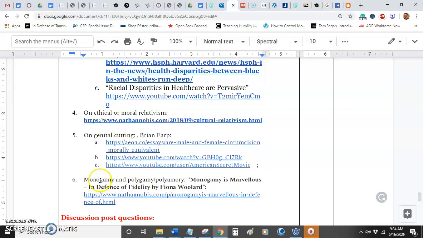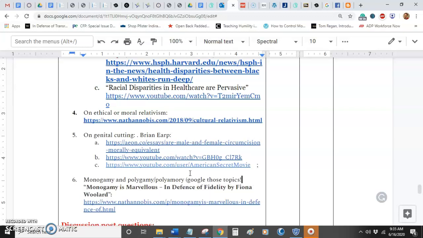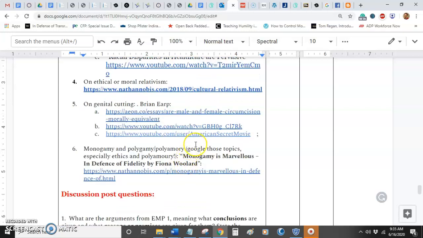All right, finally, there's a topic of monogamy and polyamory. Let me just look up those topics on Google, especially ethics and polyamory, to see what you see. So monogamy is being in a relationship with one and only one person.